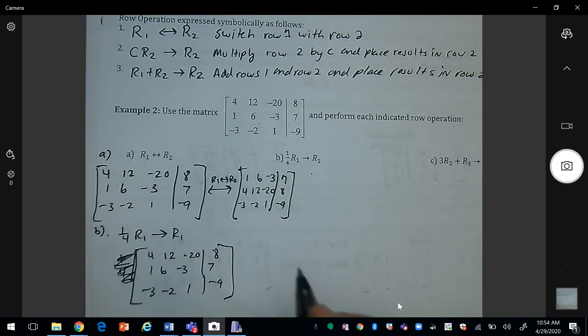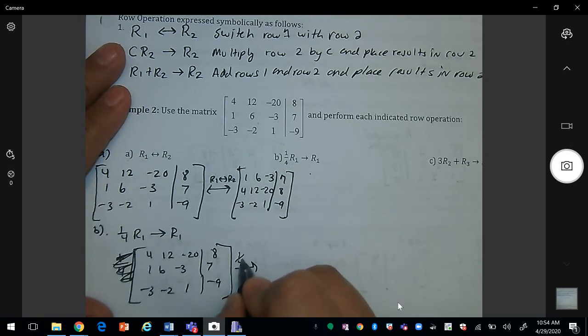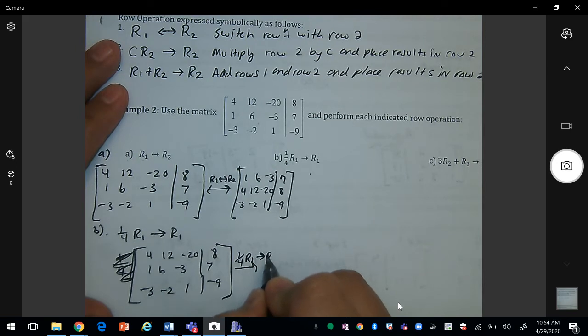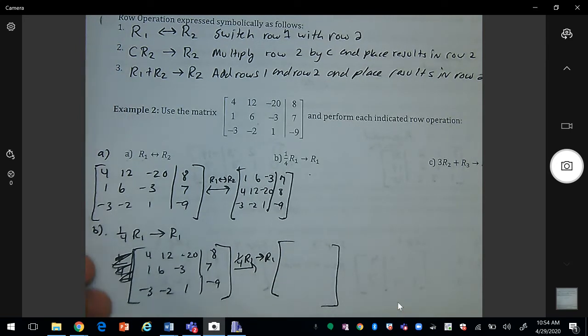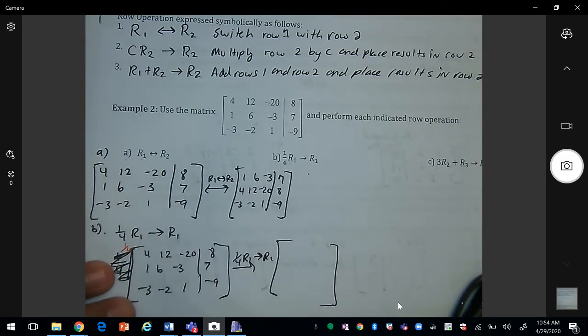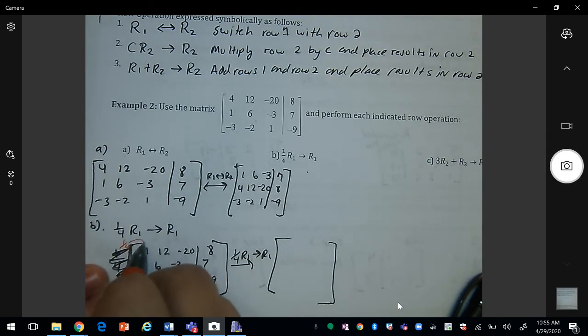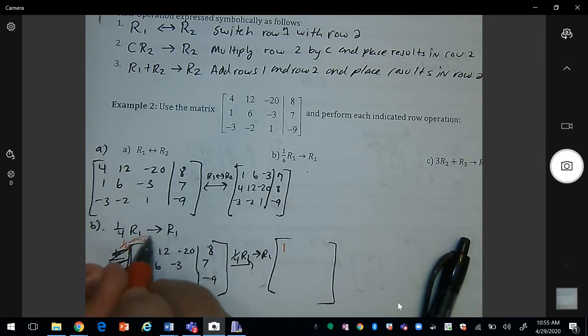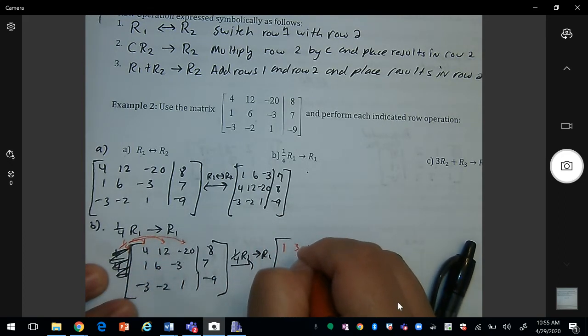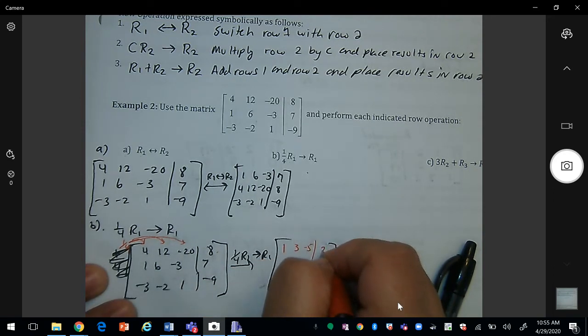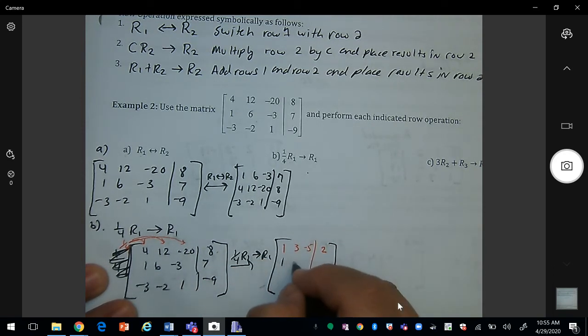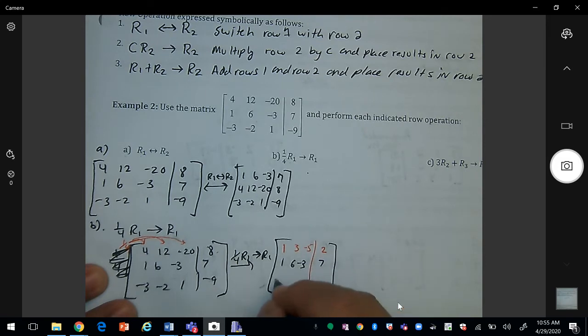And so we want to multiply 1/4 row 1 and place the results back in row 1. So here's my row 1, and I'm going to multiply that times 1/4. So 1/4 times 4 is going to be a 1. 1/4 times 12 would be a 3. 1/4 times -20 would be -5. 1/4 times 8 would be 2. And then the rest of the matrix will remain the same as we didn't multiply those rows by any other number.